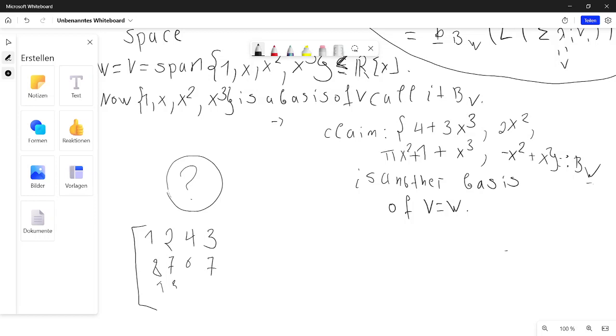But of course, I won't make it non-invertible on purpose. I'll just take any arbitrary matrix. Let me write it clearly: 1, 1, 1, 1.